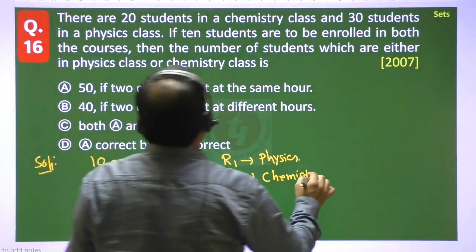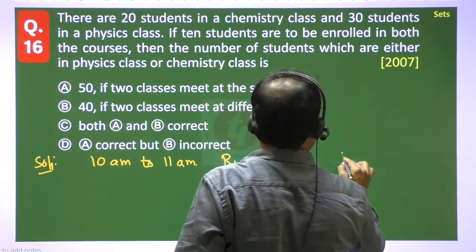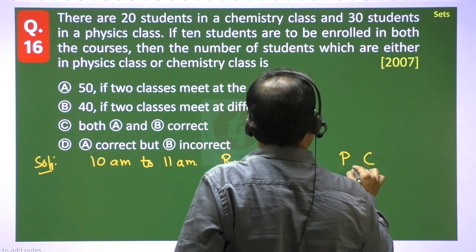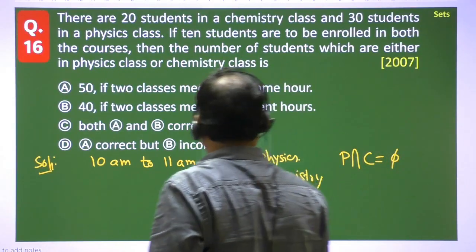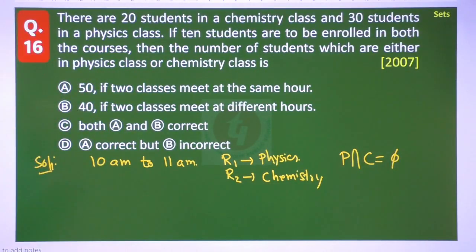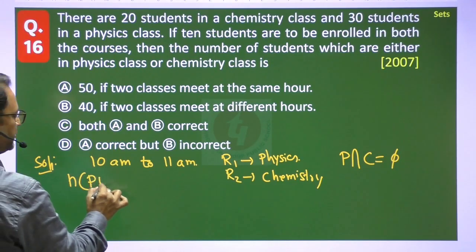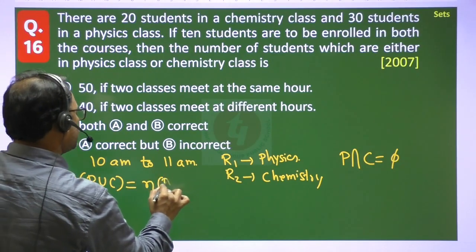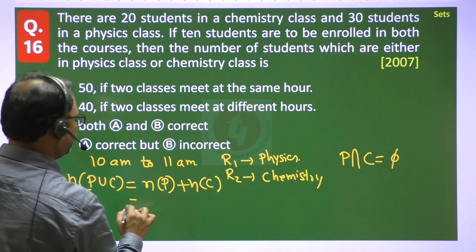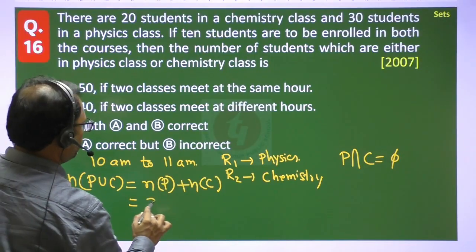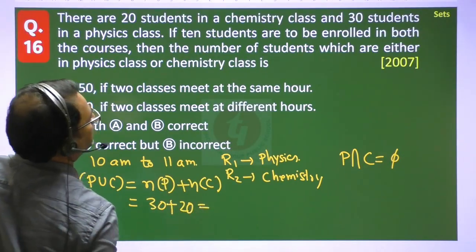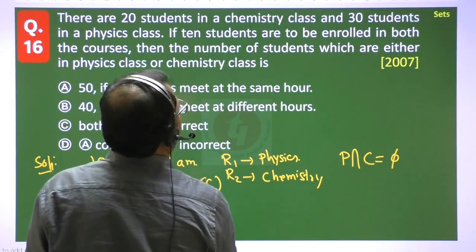So if I say P is the set for the physics class and C for the chemistry class, then P intersection C is empty, because when the classes run at the same time, the student enrolled in both subjects cannot attend both lectures. So they don't have common students. Now the total number of students in physics union chemistry will be the number in physics plus the number in chemistry, 30 plus 20.